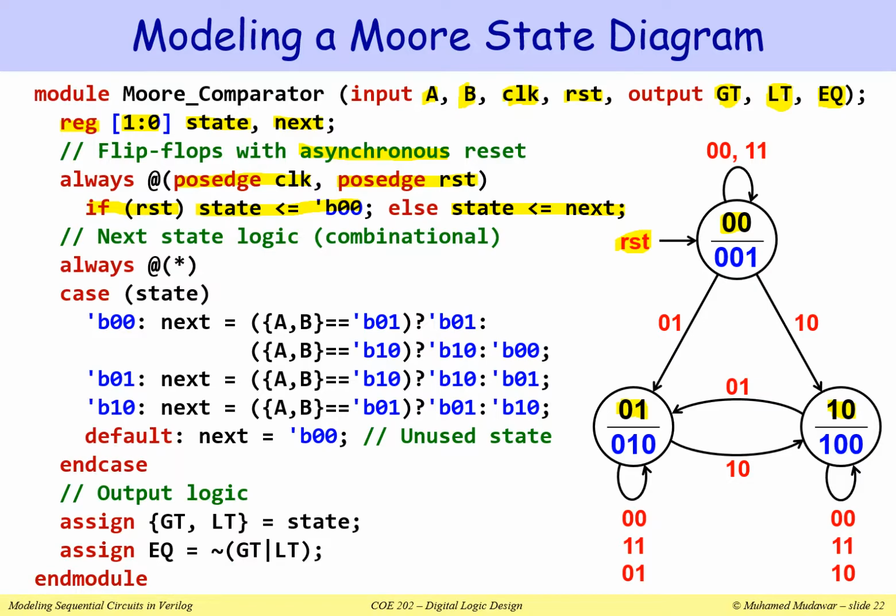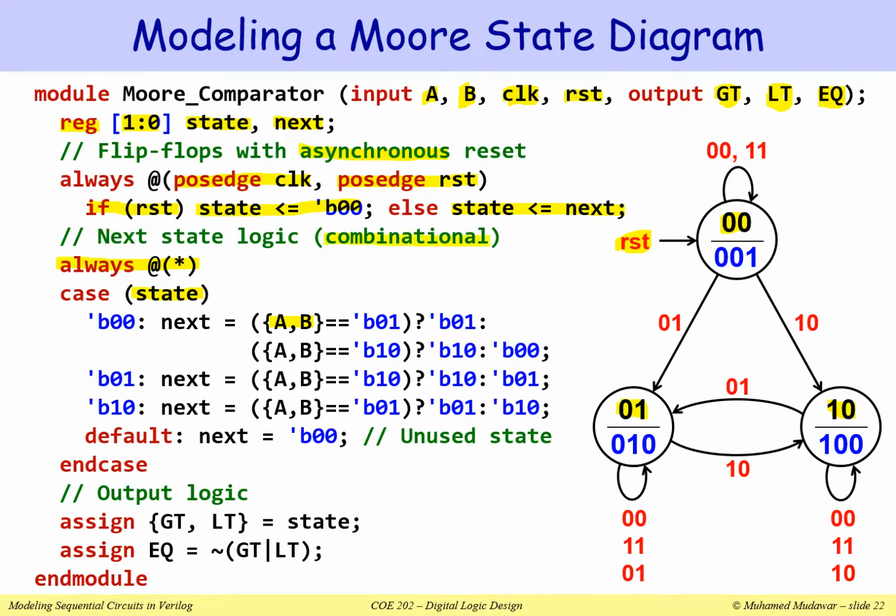Next, I need to describe my next state logic. The next state logic is combinational, so we write it like this, always at star. Therefore, it will be sensitive to all the inputs that we are using inside the always statement. Notice that I'm using state here, and I'm using A and B. We don't really have to write them inside the sensitivity list. You just write star because you recognize that the next state logic is combinational.